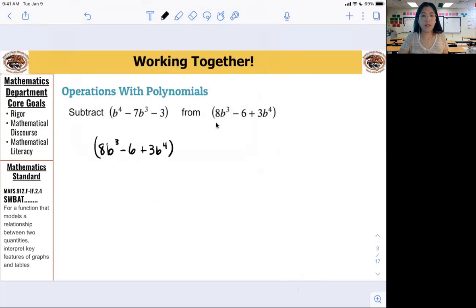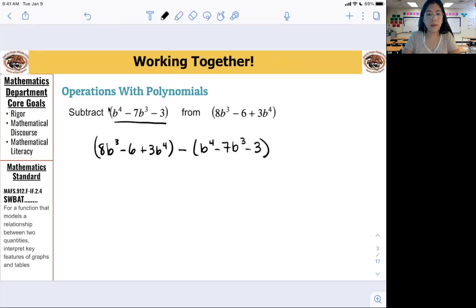So it's this one minus that one, because we're taking this one away from the second one. You have to read it carefully and have it in the correct order.